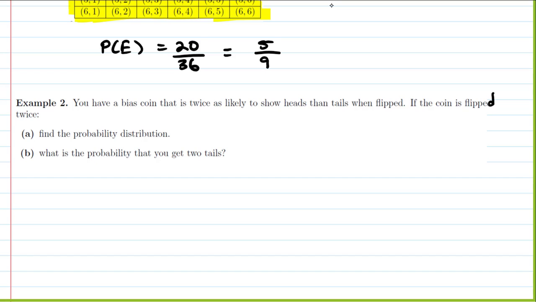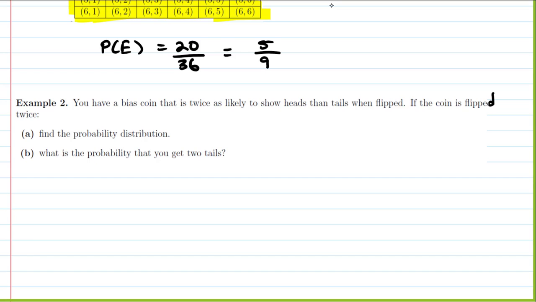So you have a biased coin that is twice as likely to show heads than tails when flipped. If the coin is flipped twice, we want to find the probability distribution. And B, we want to find what's the probability that you get 2 tails.